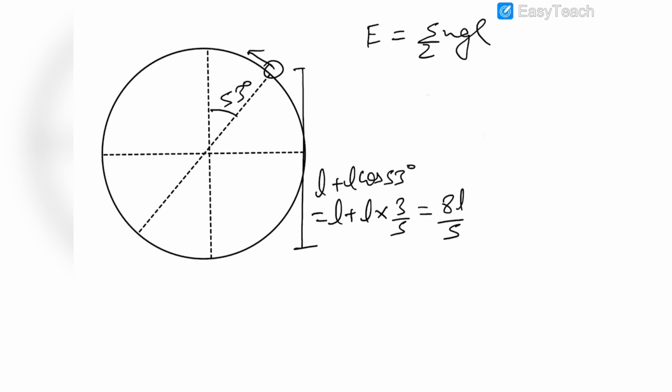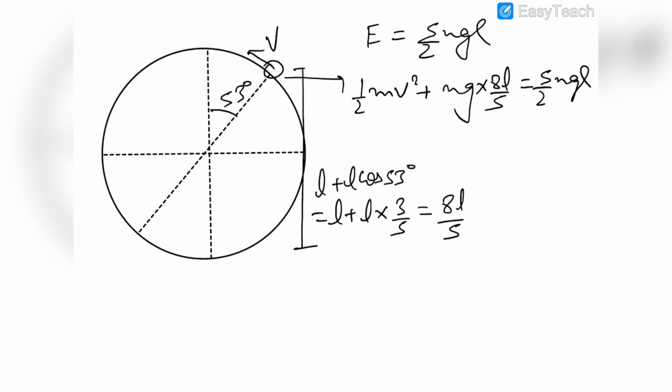Now at this position the total energy would be equal to this one, and at this position, let's suppose the velocity is v, so the total energy at this position will be half mv square plus mg into 8L by 5, and that would be equal to 5 by 2 mgl. So half mv square will be equal to mgl common, and 5 by 2 minus 8 by 5.